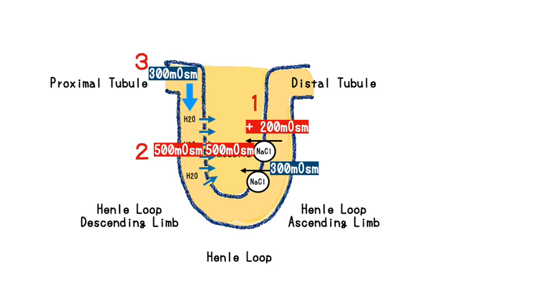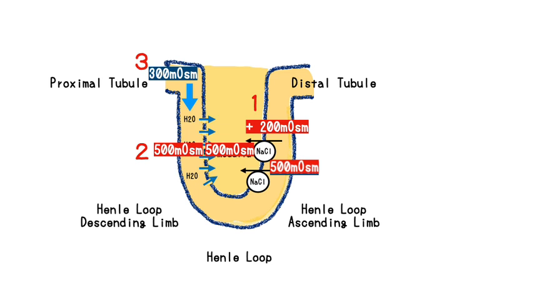The raw urine concentrated to 500 milliosmoles in the descending limb of the loop of Henle is pushed to the ascending limb by the raw urine flowing in from the proximal tubule. There, sodium chloride ions are transported to the medulla by active transport pumps until an osmotic pressure difference of 200 milliosmoles is reached.